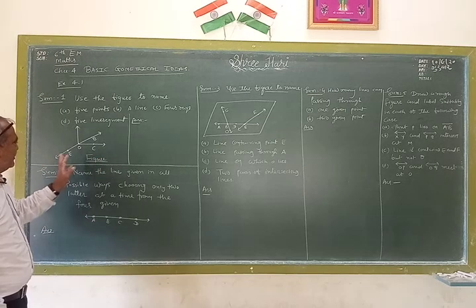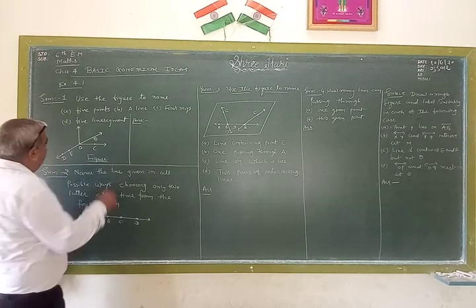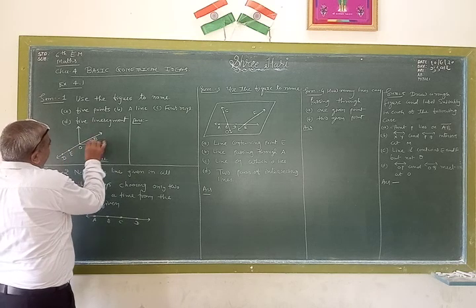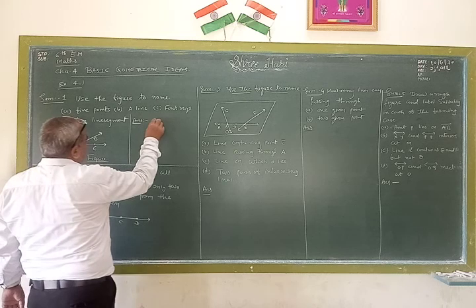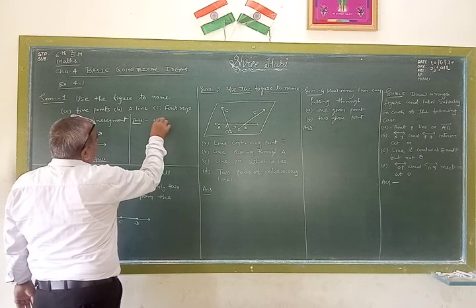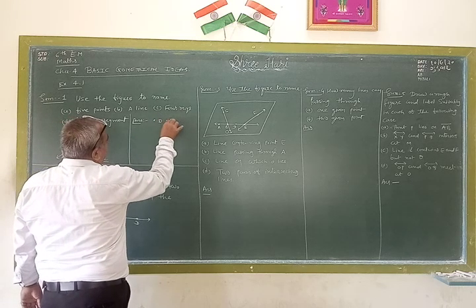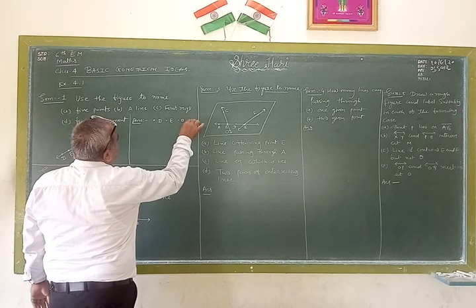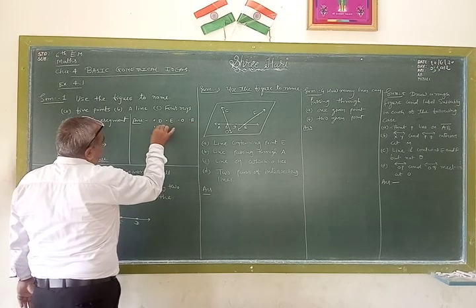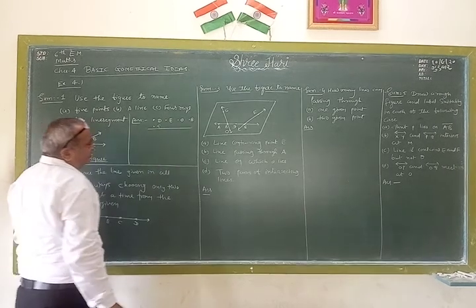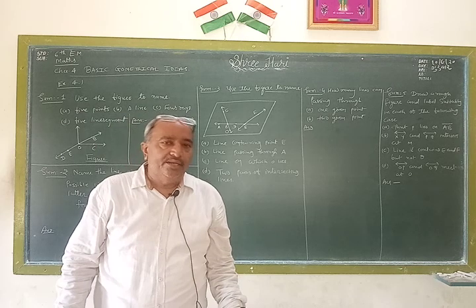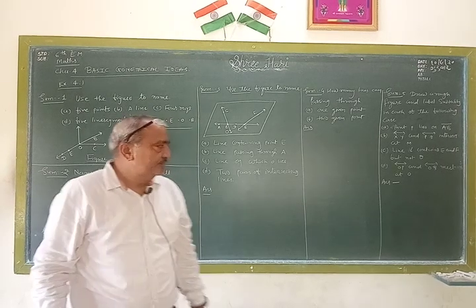Which are the 5 points in the figure? Look here, 5 points: 1, 2, 3, 4 and 5. So point T, point E, point O, point B and point C. This is our answer. And every point is denoted by a capital letter, not a small letter.